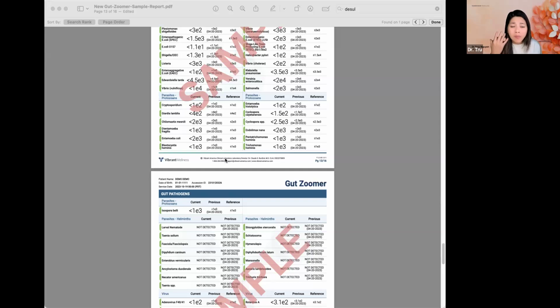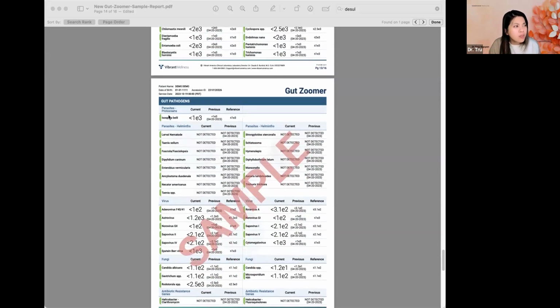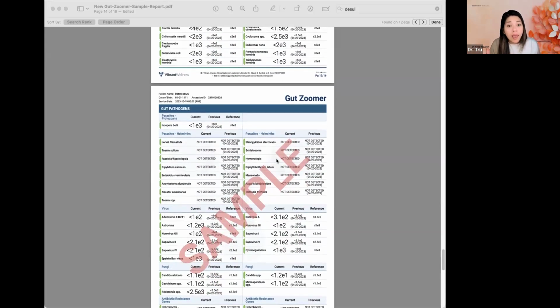Even with this test, when you test for single cell parasites, they do show up. But when you test for parasites that are helminths or worms, unless they're dead and they pass in the sample, which I only saw one person who tested positive for an actual parasite, or unless they're passing eggs, which I've seen maybe 3 times.